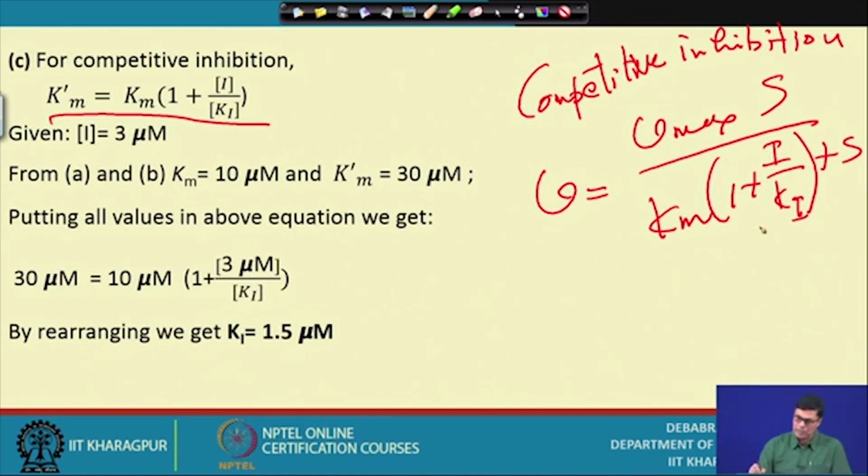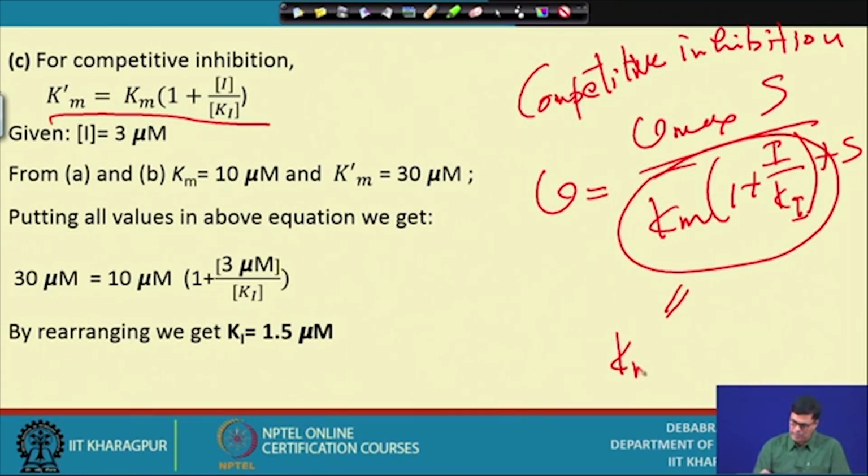I told you when I equals 0, it becomes the Michaelis-Menten equation. So, this is actually the Km dash value.